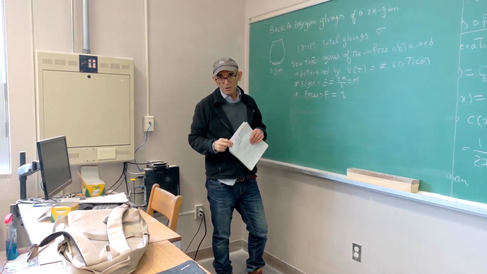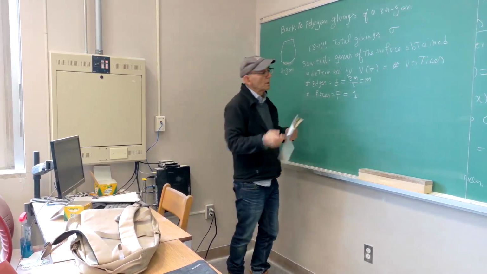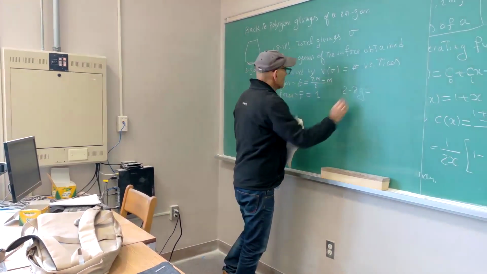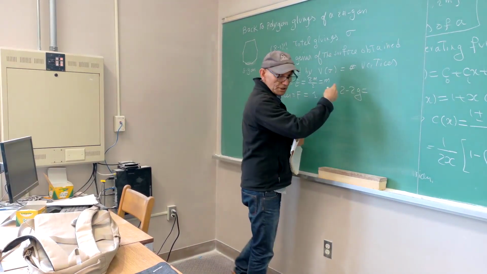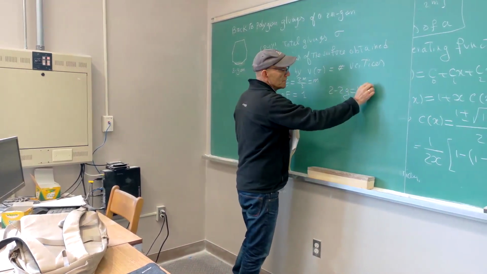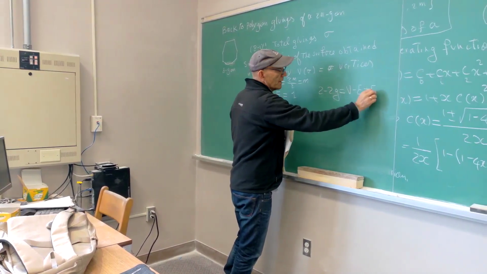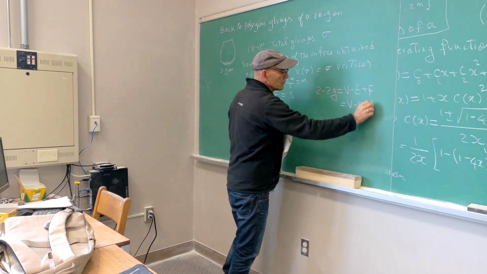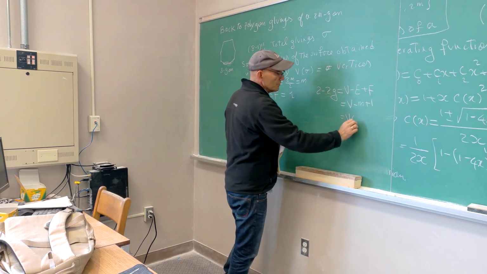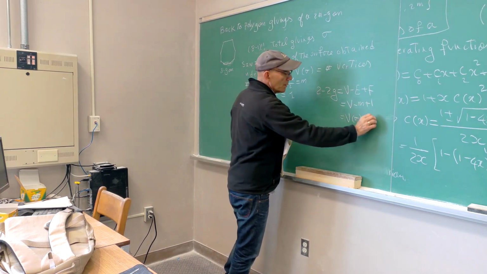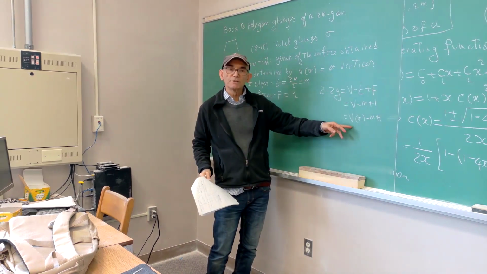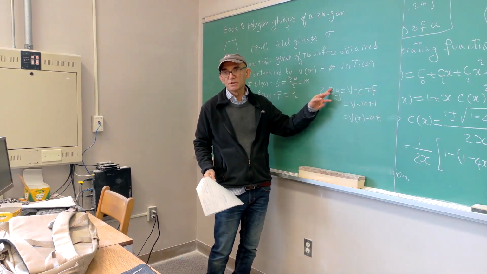And using Euler's formula, which we justified, we have 2 minus 2G equal to V minus E plus F, that's V minus M plus 1. So this is equal to V of sigma minus M plus 1. So the genus determines the number of vertices, and the number of vertices also determines the genus.